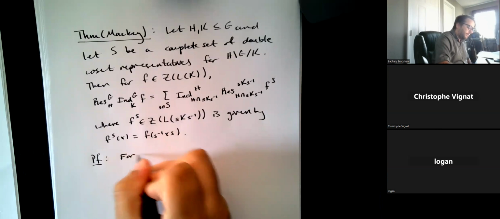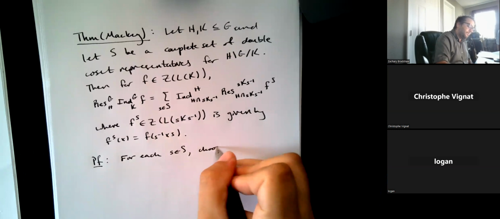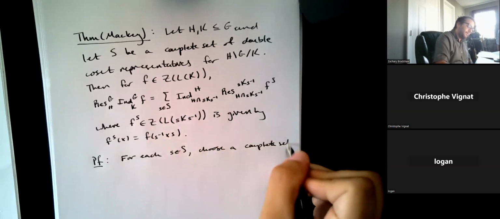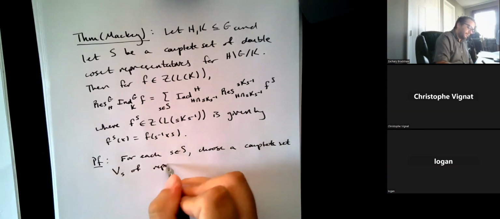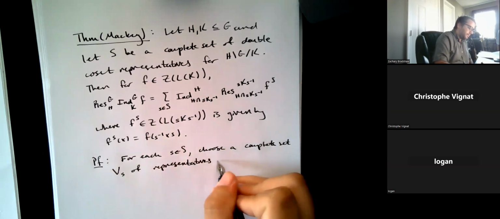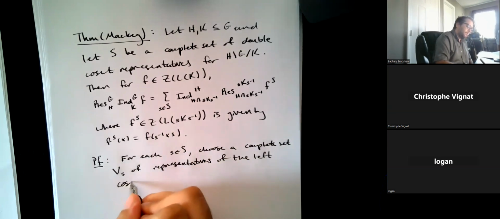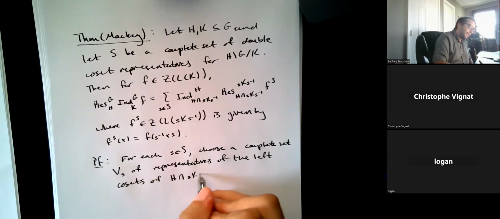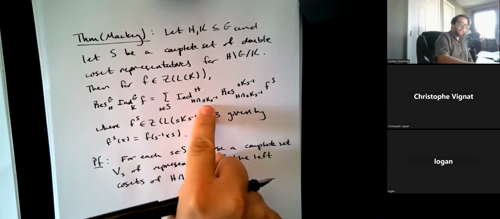For each s in S, choose a complete set, call it V_s, of representatives of the left cosets of H intersected with sKs inverse in H. So that's this guy.